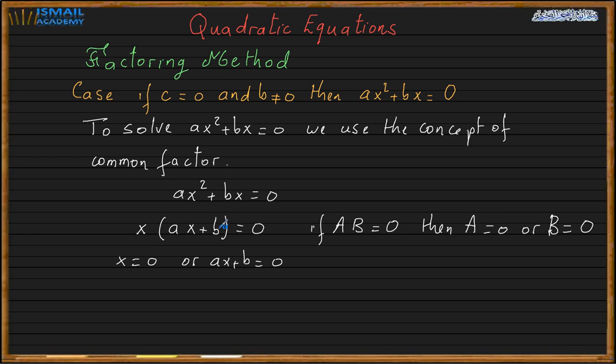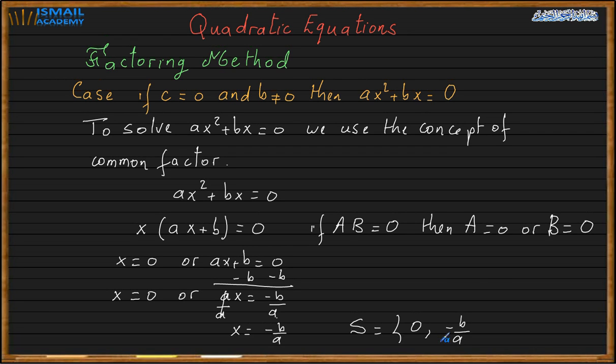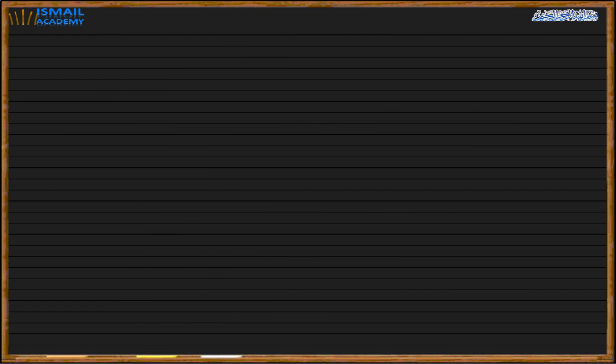Either we have x equal to 0, or x will be minus b over a, and the solution will be 0 and minus b over a. I will try to give you different examples.